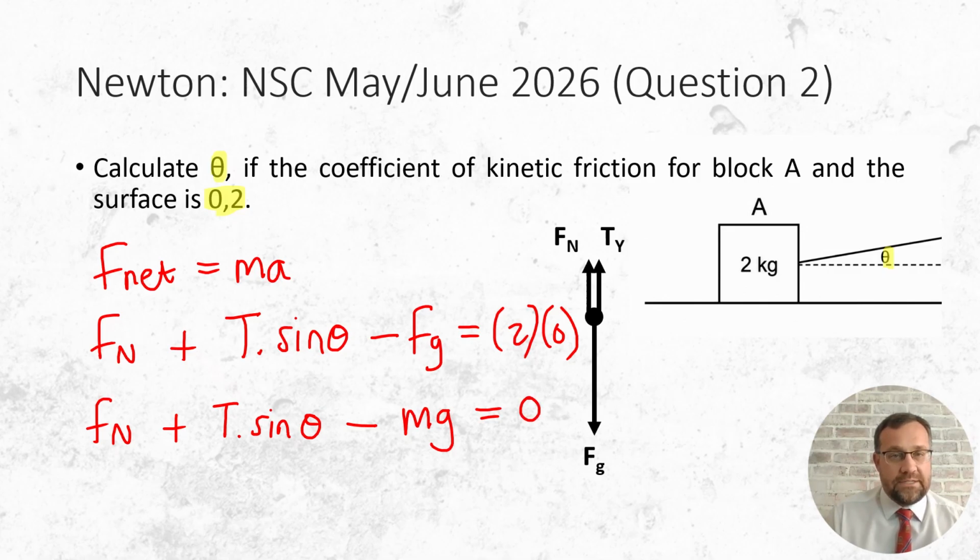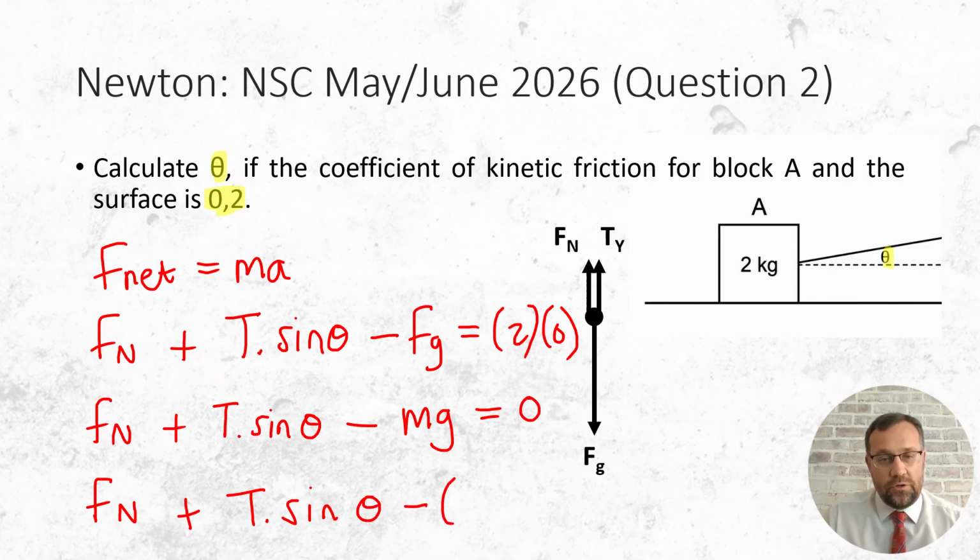And then we can simplify this further. Fn plus T times sine theta minus the mass of the block, that is 2 times 9,8 for g, and this is equal to 0.